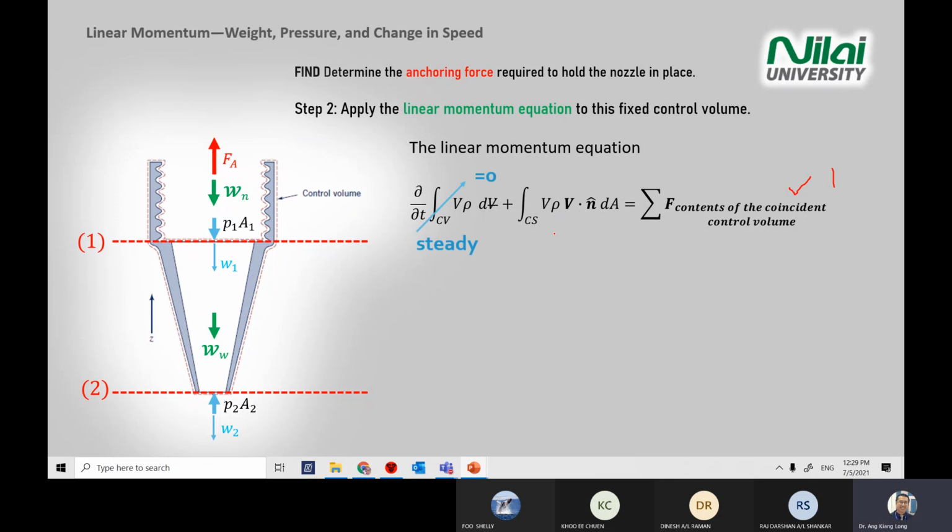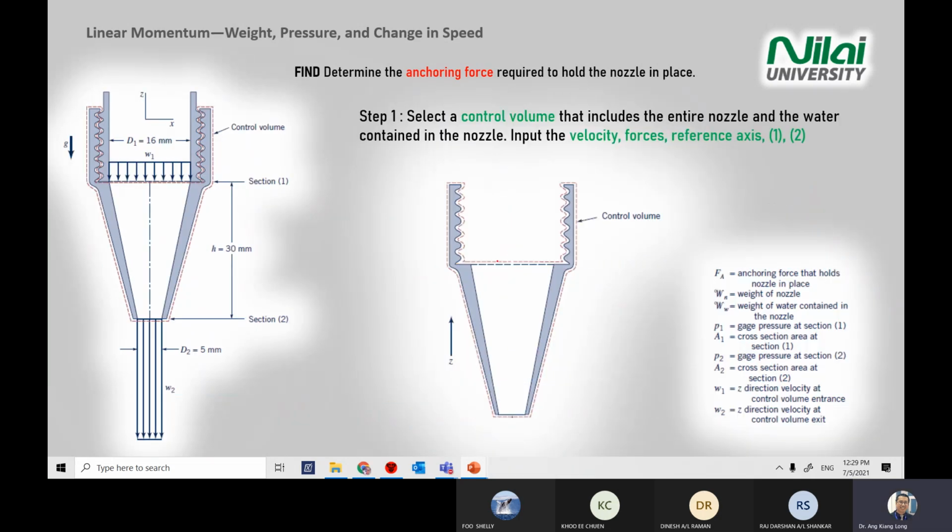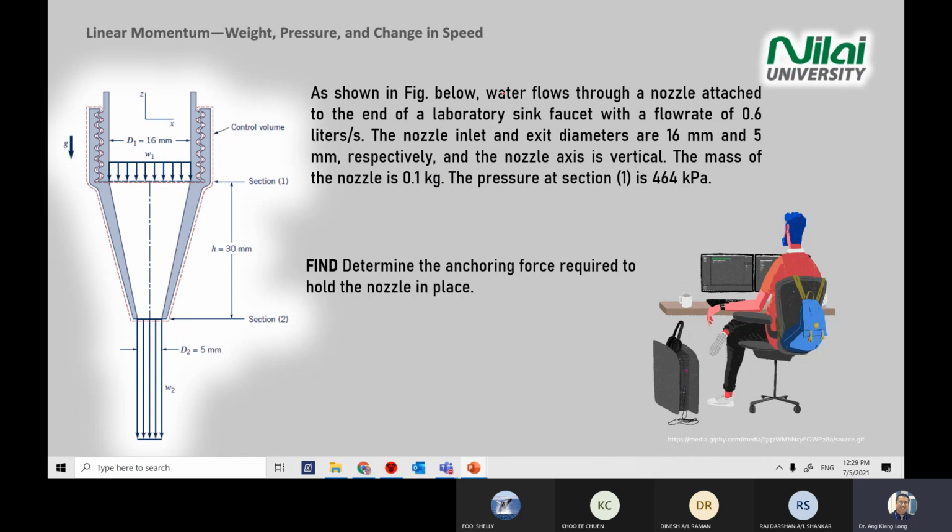The second step is that the flow must be steady inside this control volume so that there are no losses inside the system. So for the second step, you draw an arrow equals 0, steady. Let's look at the statement. Is there any steady here?